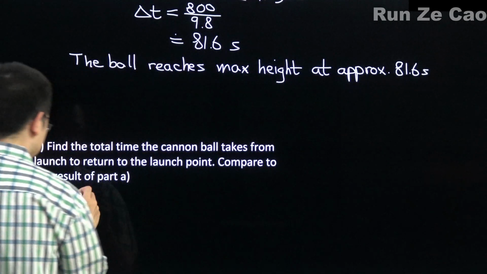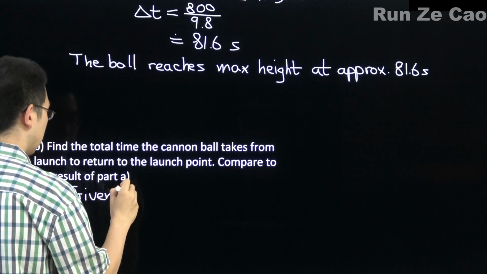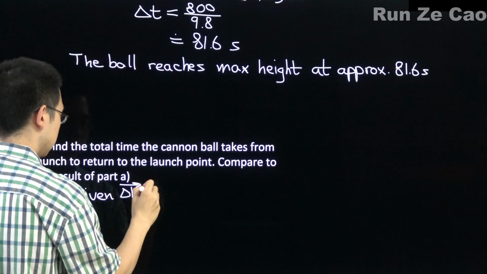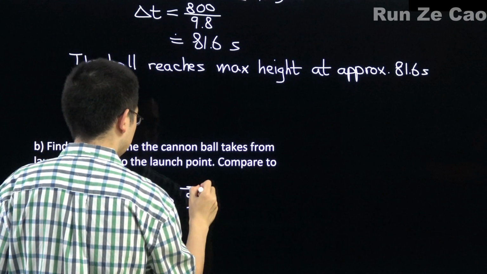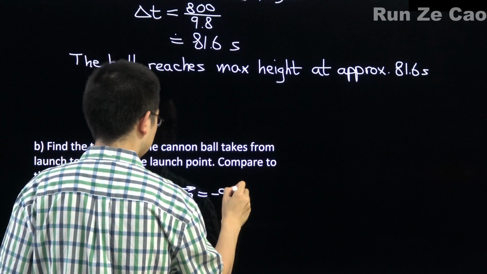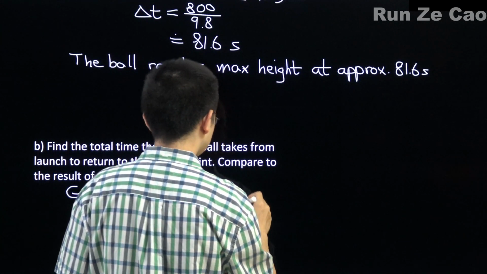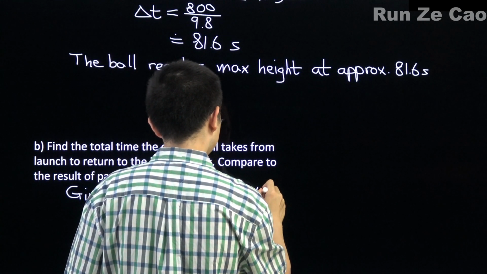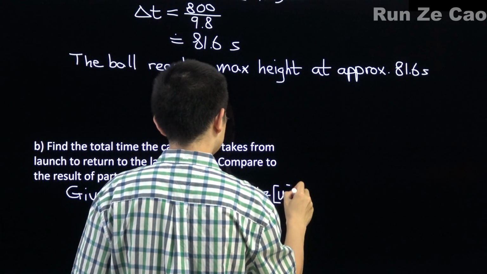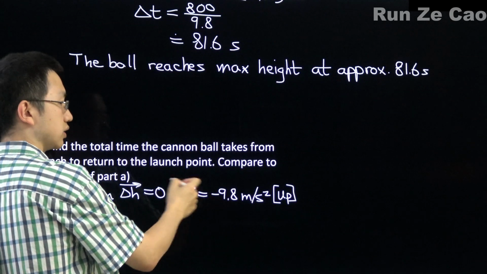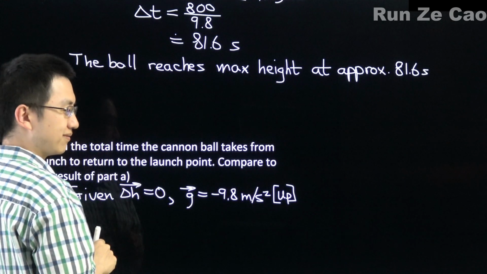Well, we know that given delta H is equal to 0, gravity equals negative 9.8, and you could state in units. But make sure that you get your directions correct if you put signs that are not positive, so negative.